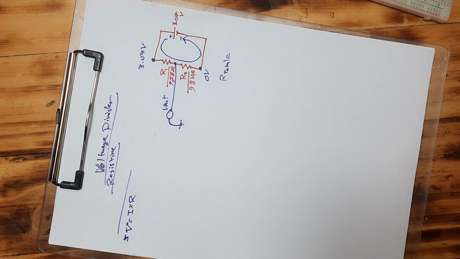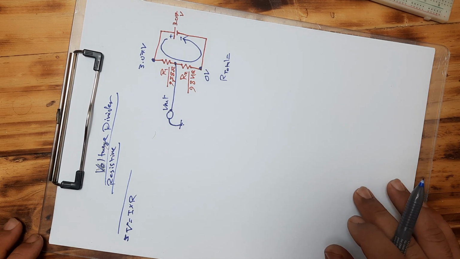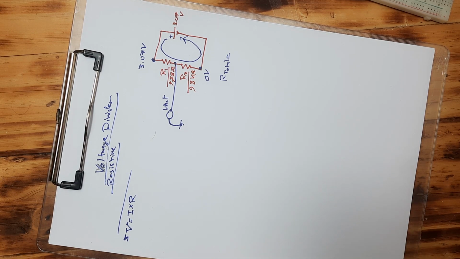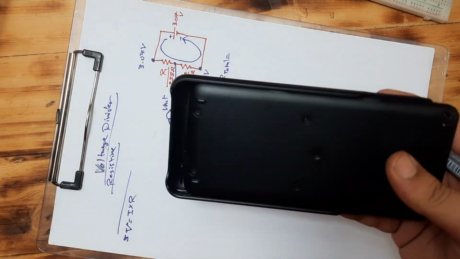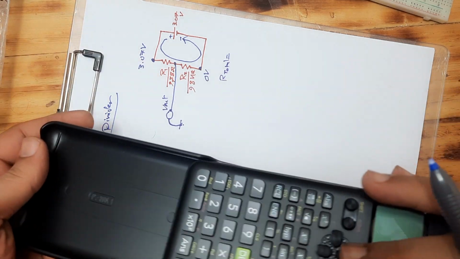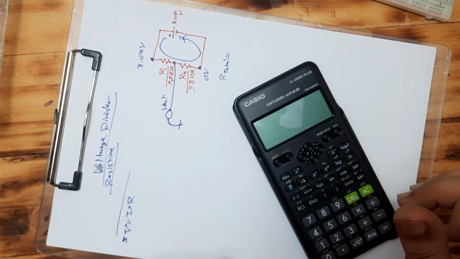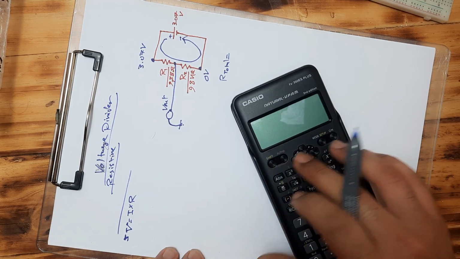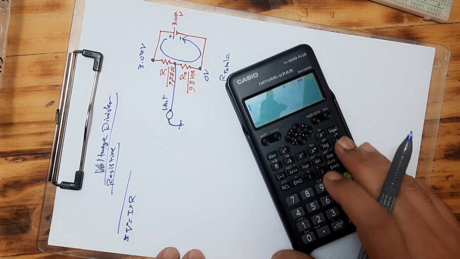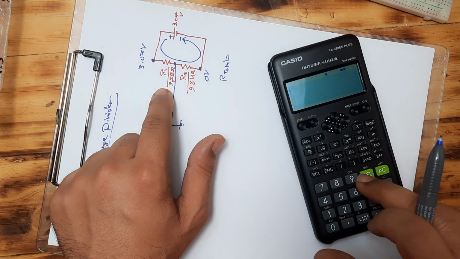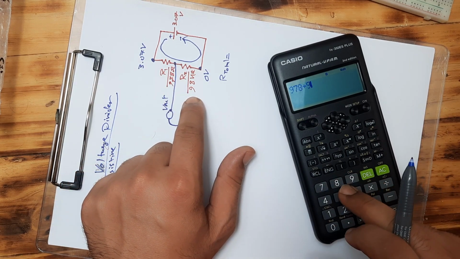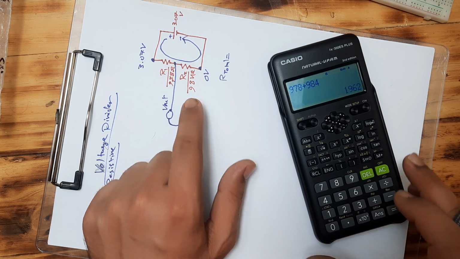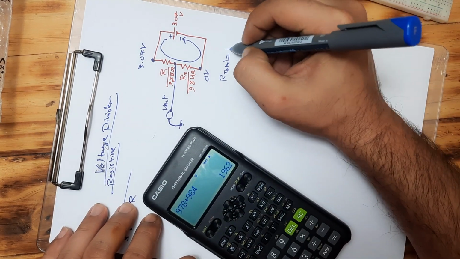So we have first of all our total resistance, R1 978 plus R2 984, which equals 1962 ohms.